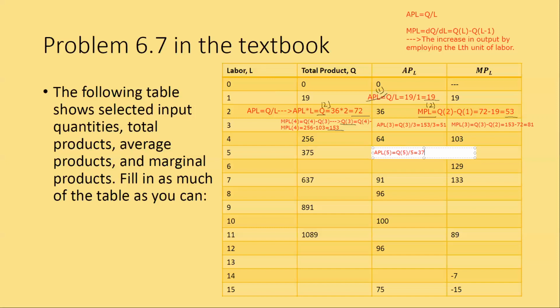That is 375 divided by 5, and this equals 75. The MPL is, well, Q5 minus Q4, which is 375 minus 256, and this is 119.